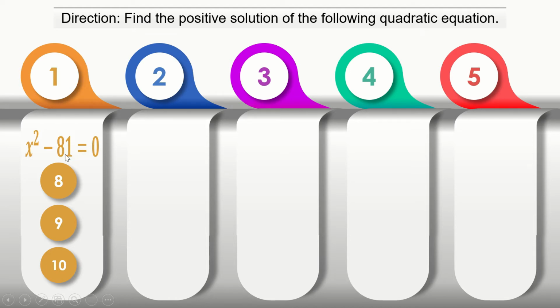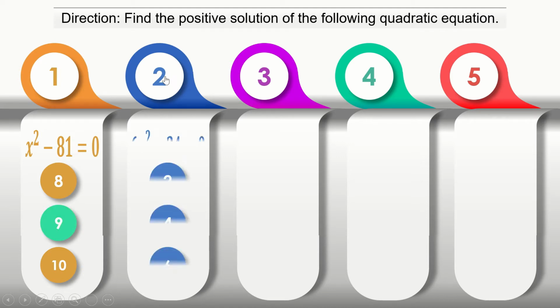To find the solution of this, it is better to extract the square root. So meaning, we will have x squared is equal to positive 81. So when we get the square root of 81, we will obtain, yes, it is positive negative 9. Therefore, the positive solution there is positive 9.